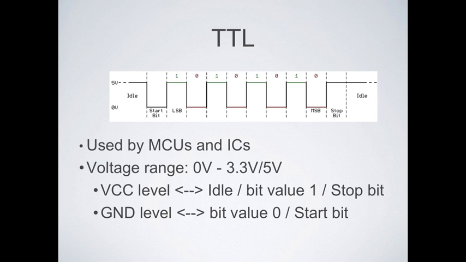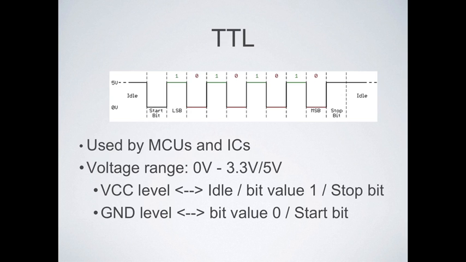But TTL is more or less used by microcontrollers and integrated circuits. For TTL, the voltage level is going to range between 0 and 5 volts. When the voltage goes to 5, it's going to signify a 1, and when the voltage is at 0, which is ground, it's going to signify a 0.